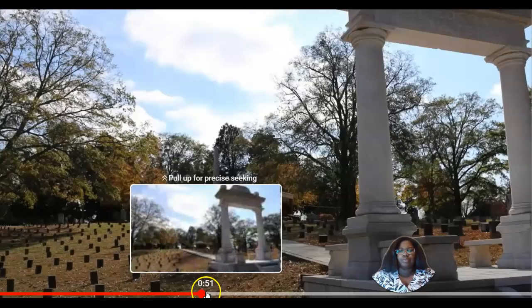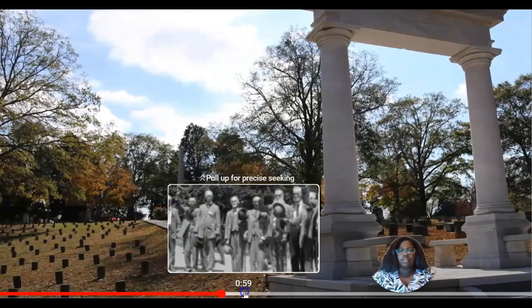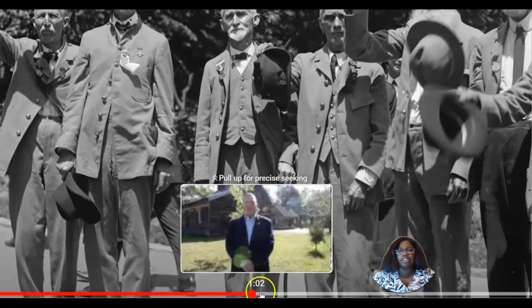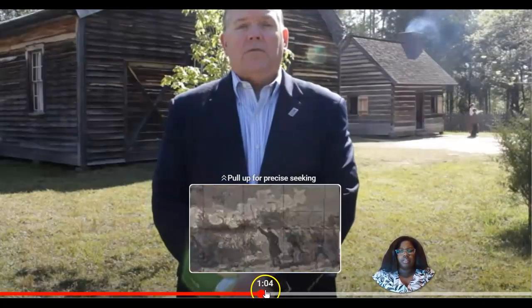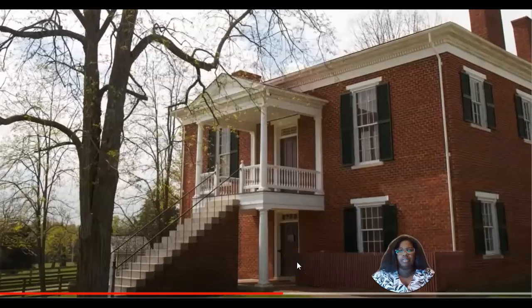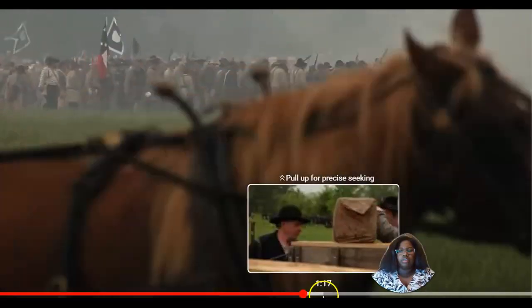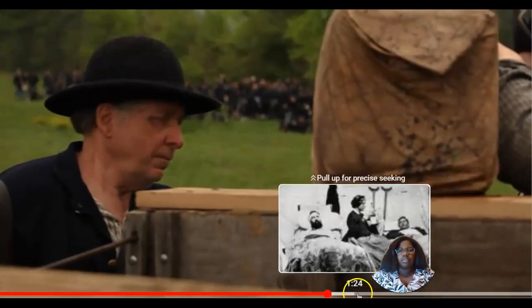It's a real short video. You see different pictures. This is showing different items that we use, like the bombs.